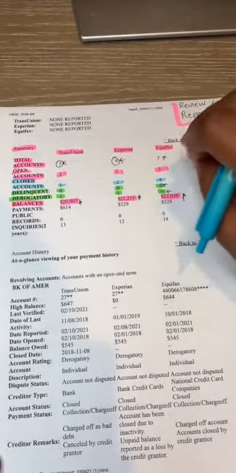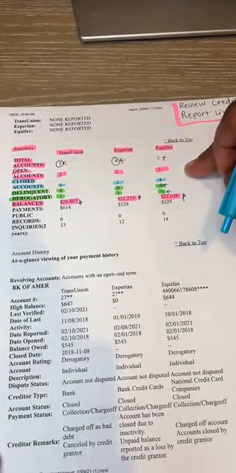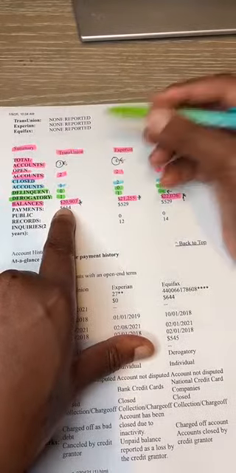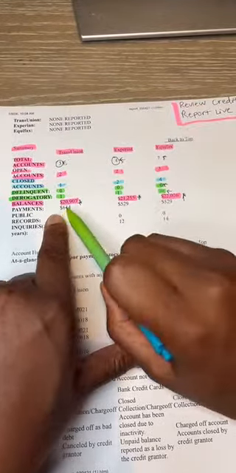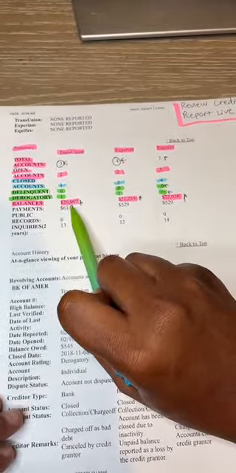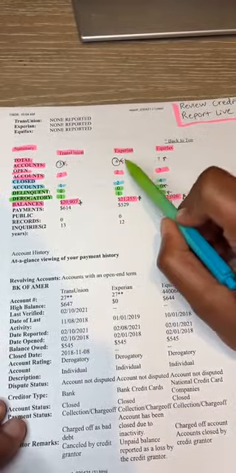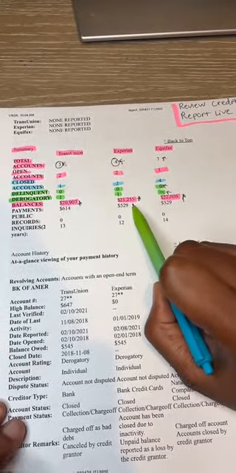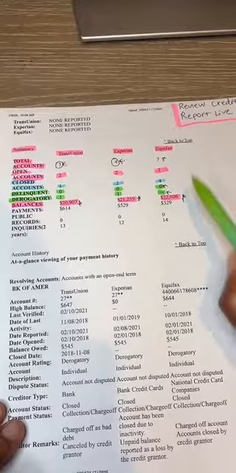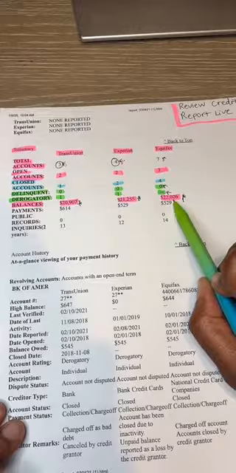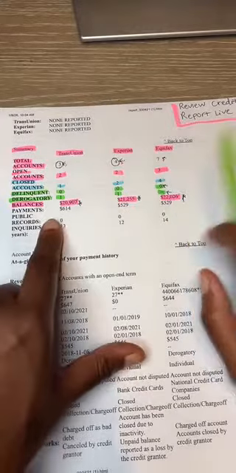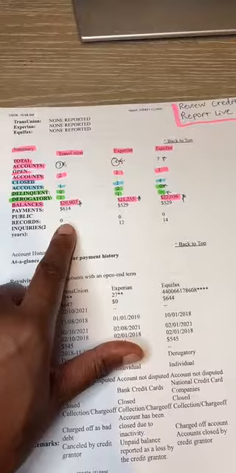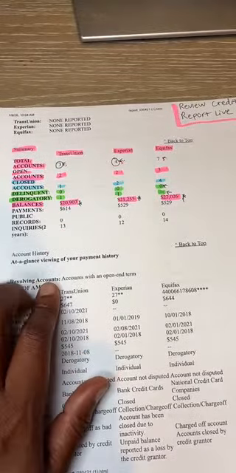So if TransUnion has 3 accounts, the total of those 3 accounts is $20,907. For Experian, 4 accounts, $21,000. For Equifax, 7 accounts, $22,026.